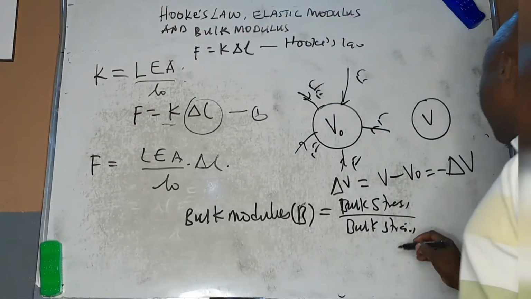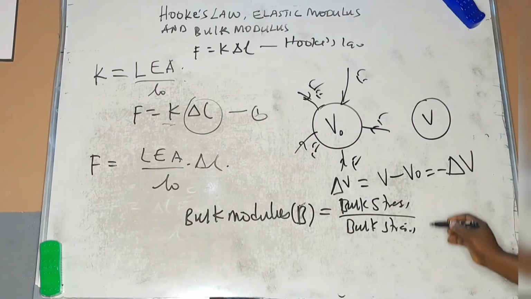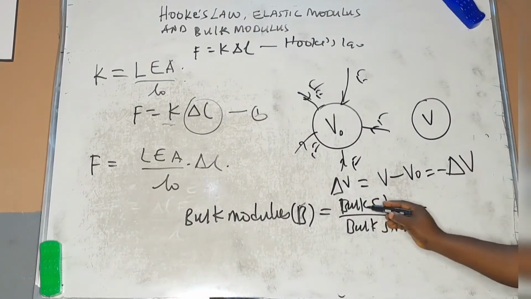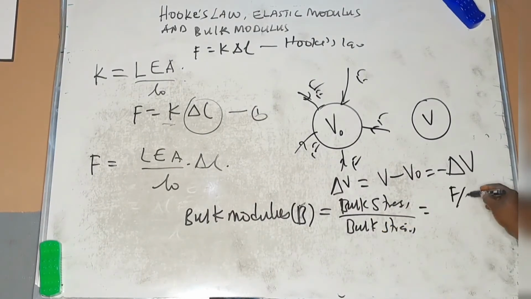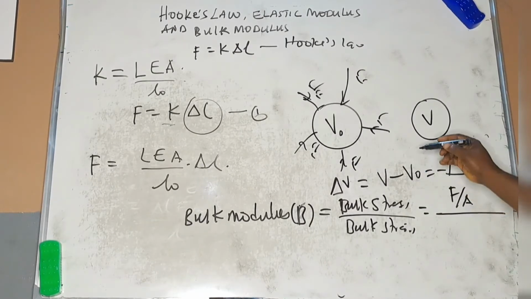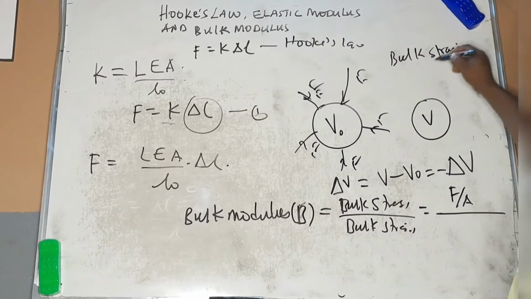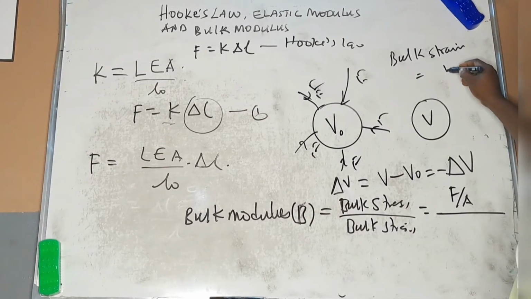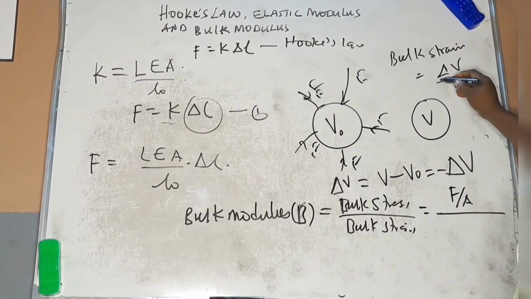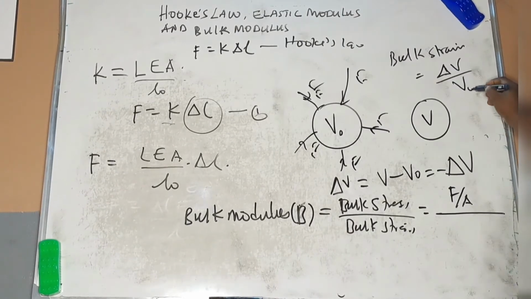So bulk strain is change in volume over volume. This is bulk stress, which is force per unit area, divided by bulk strain, which equals change in volume all over original volume.